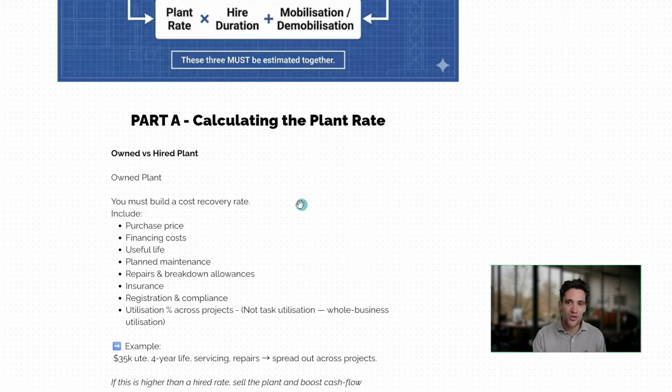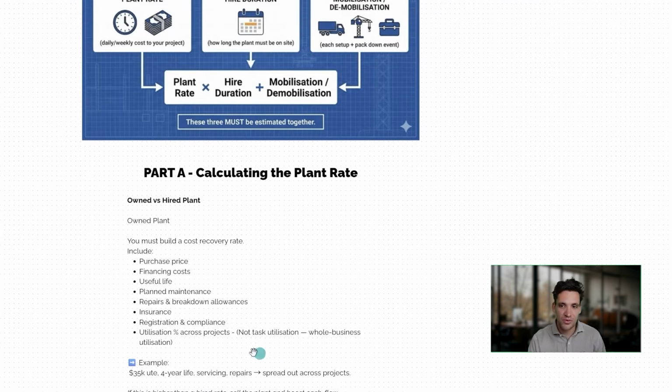This is going to be a function of the upfront purchase price, any financing costs, the useful life and the depreciation you allocate to the plant, any planned maintenance, repairs and breakdown allowances, insurance, registration and compliance, and also the utilization of the plant across projects. For example, if you're only billing a piece of plant out to projects 75% of the time, you need to bill a higher rate to recover that from the project than if you're billing it out to projects 100% of the time.